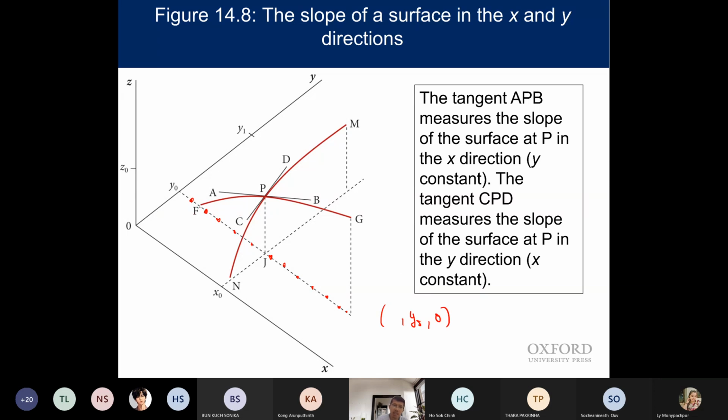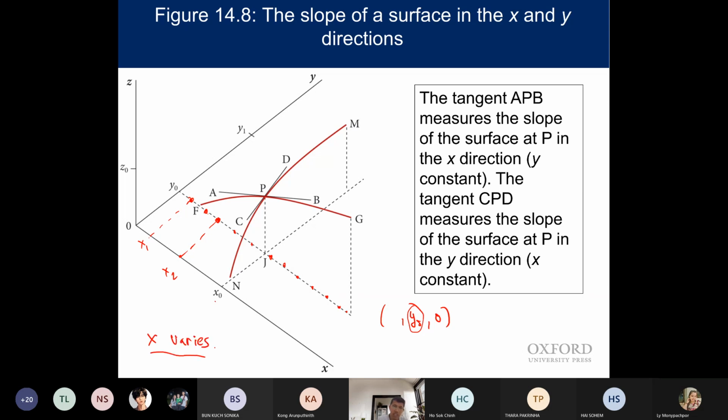The level of z is 0, and the level of y is always y0, right? And let's say this is x1 and this is x0, this is x2, for example. All of these points have the same y equal to y0. Just like you let y equal to a fixed value, and then you vary x.